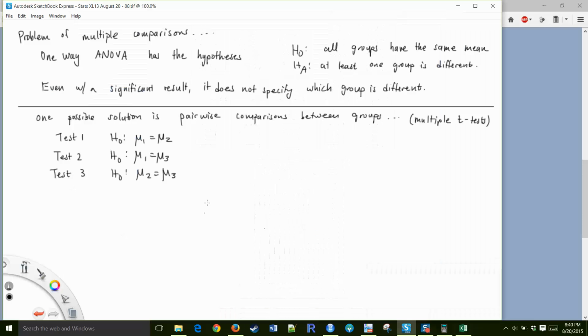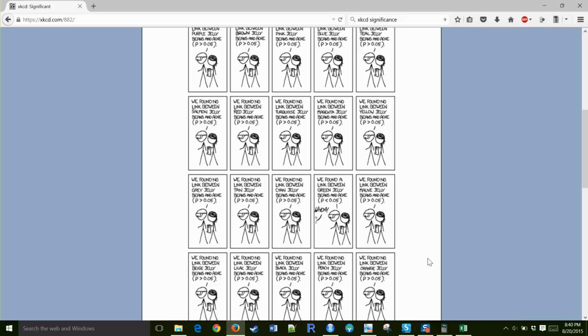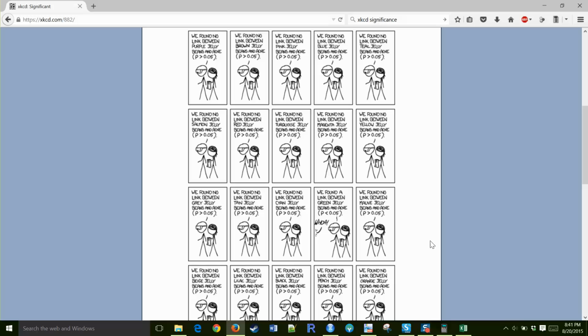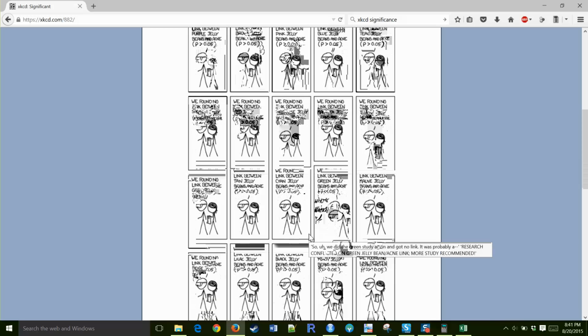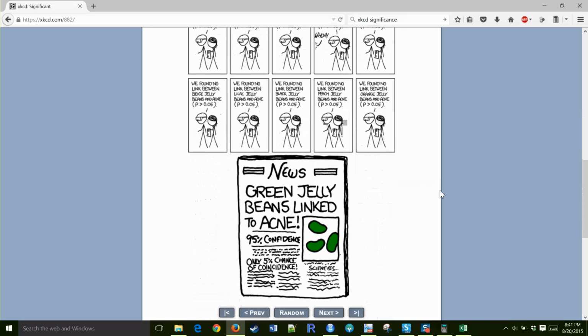Okay, so anyway, let me write all of that down. Multiple comparisons, say, if you have 20 groups, you will perform 190 t-tests between the different groups. Or, I shouldn't say pairwise. Okay.